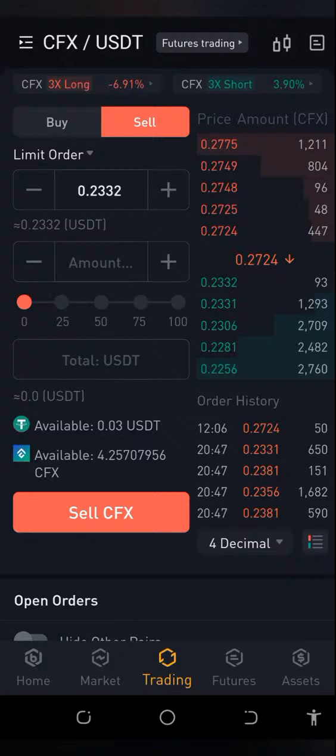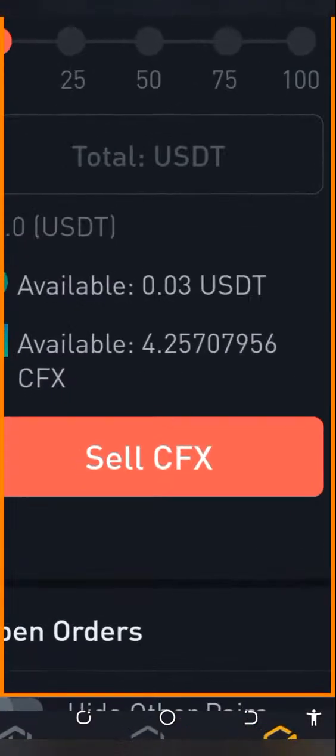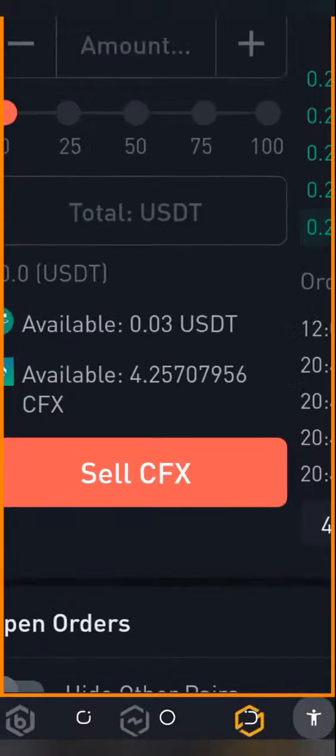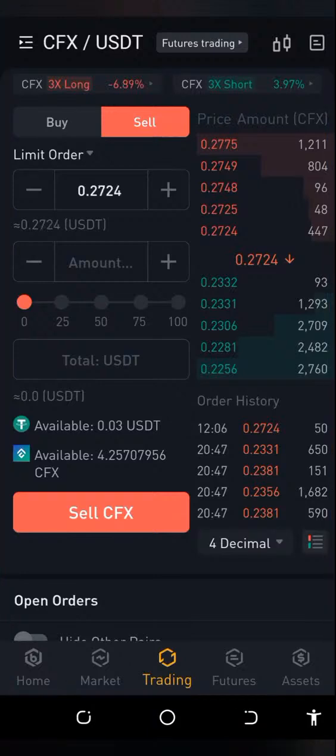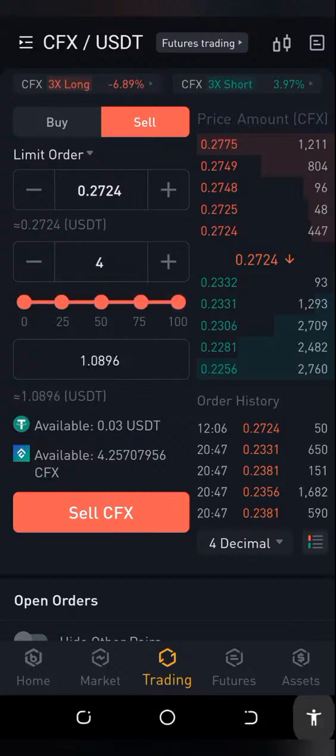Okay. Don't forget, this is supposed to be $1 that we sent, right? $1 worth of CFX. So if you see now here, we have 4.25 CFX. So if this is really true of the 16%, that means that if I try to sell this, for instance, oh, see what we have.